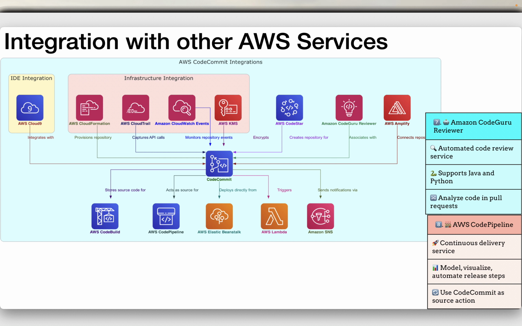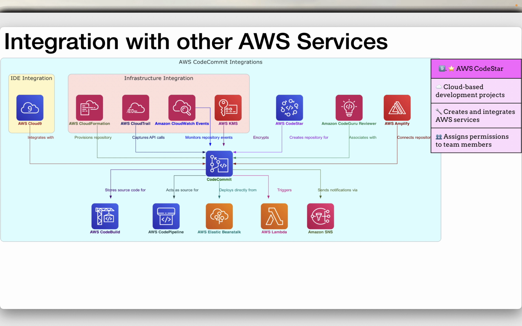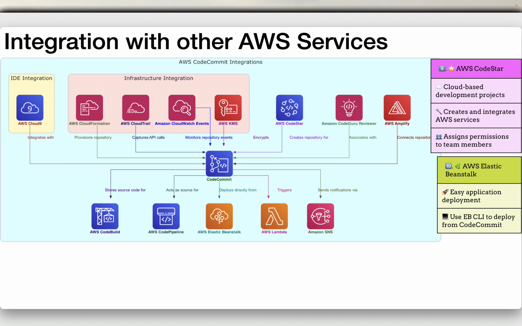AWS CodeStar is a cloud-based service for creating, managing, and working with software development projects on AWS. It creates and integrates with AWS services, including the CodeCommit repository for your project toolchain, and assigns permissions to team members. Elastic Beanstalk is a managed service that simplifies deploying and managing applications in the AWS cloud.